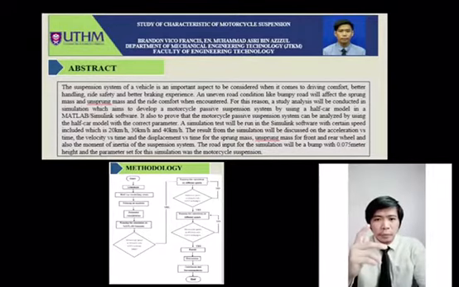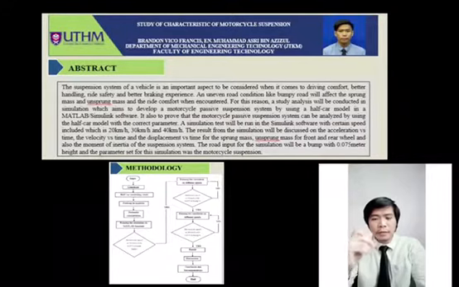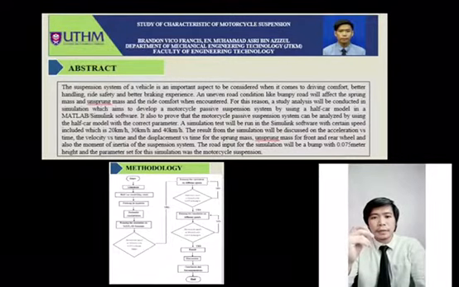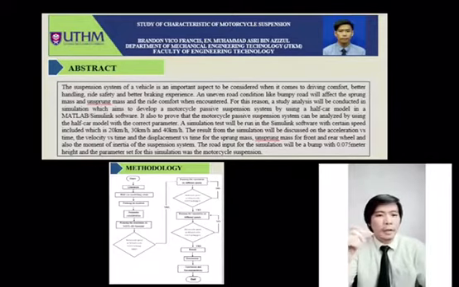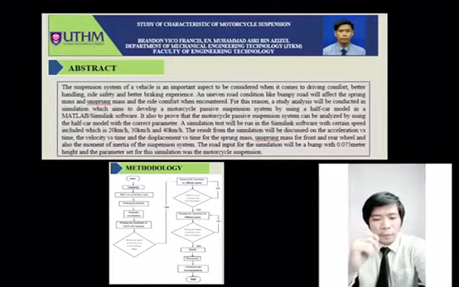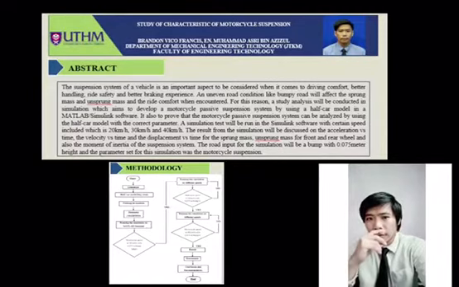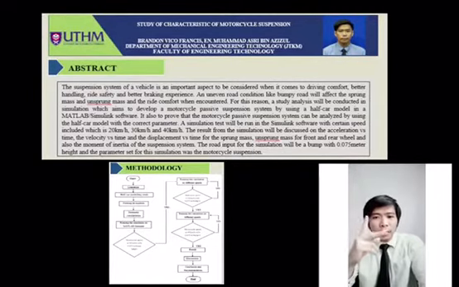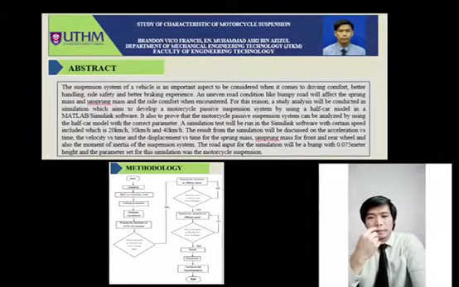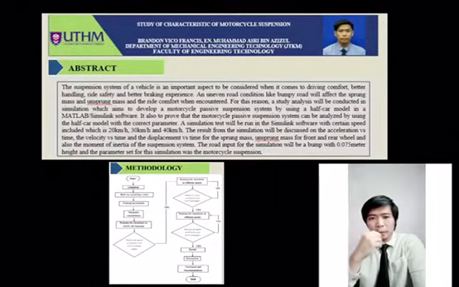The result would be the sprung mass and the unsprung mass for front and rear of the motorcycle, and also the moment of inertia, which represents the pitch. For the sprung mass, the result would be for 20, 30 and 40 kilometer per hour.